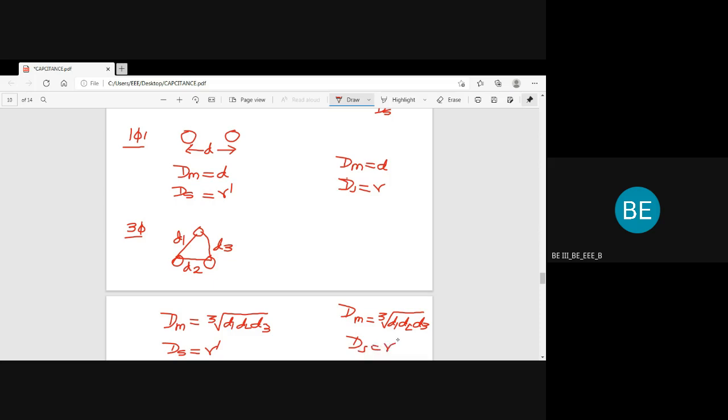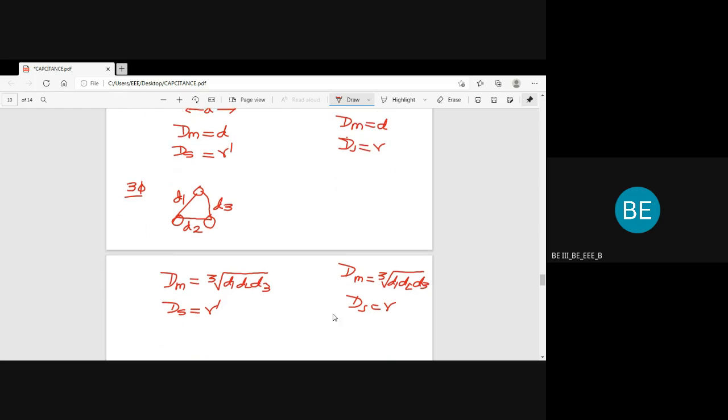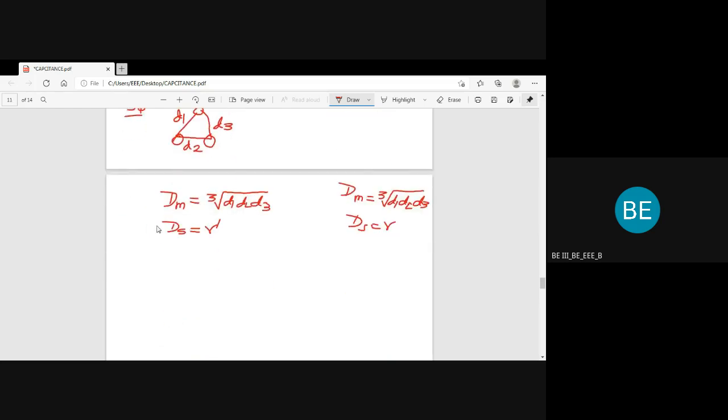Suppose the D1, D2, D3 are the same, that is, symmetrical, then D1 equals D2 equals D3, and Dm will be equal to d.